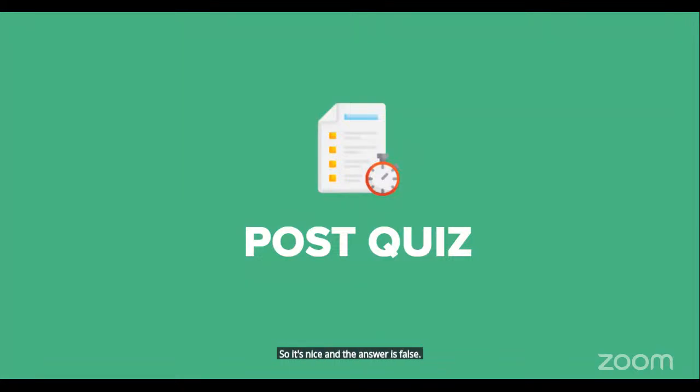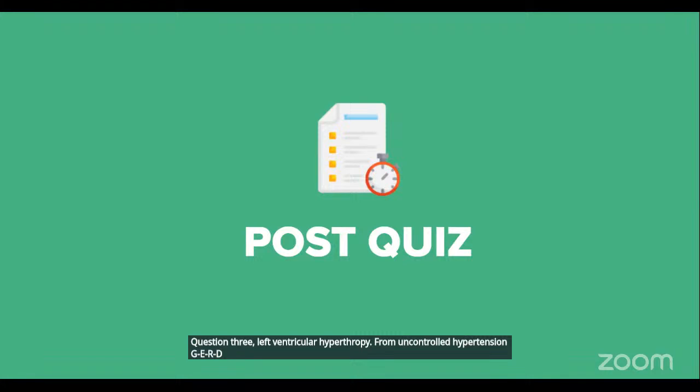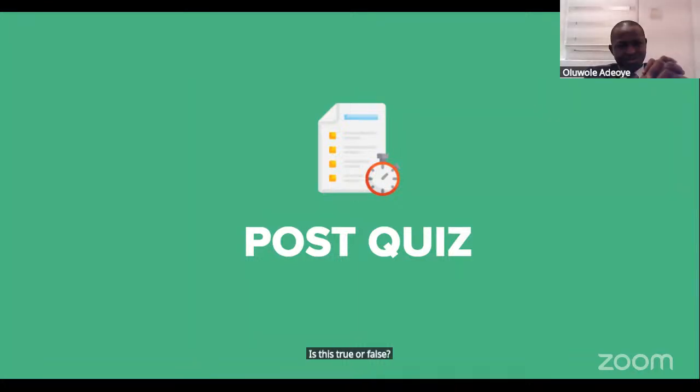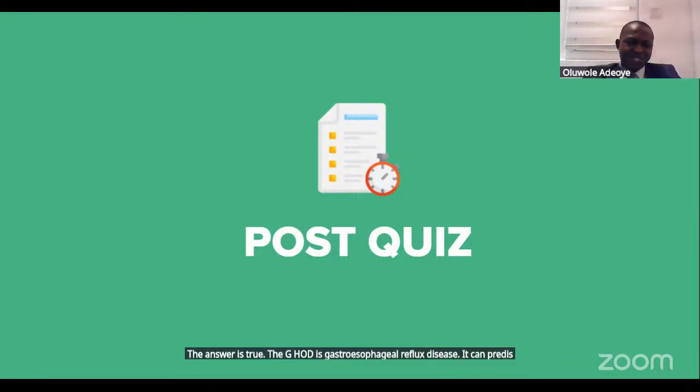Question 3, left ventricular hypertrophy from uncontrolled hypertension, GERD, obesity, and cystic fibrosis can all lead to wheezing. Is this true or false? The answer is true. The GERD is gastroesophageal reflux disease. It can predispose to microaspirations.